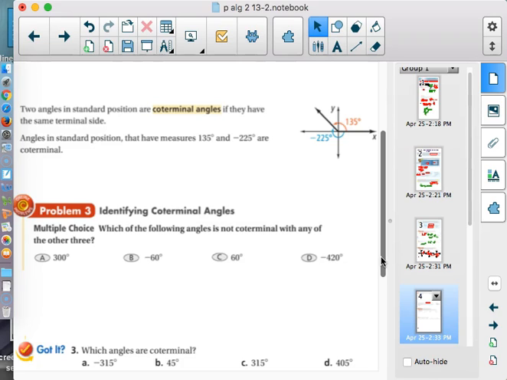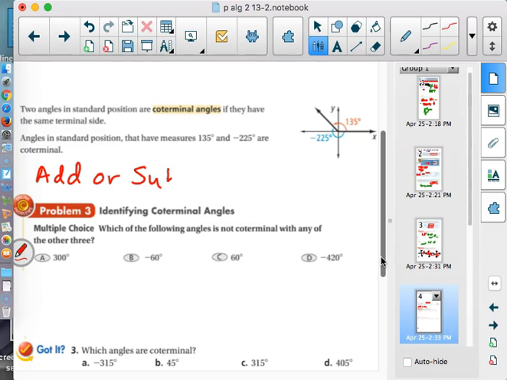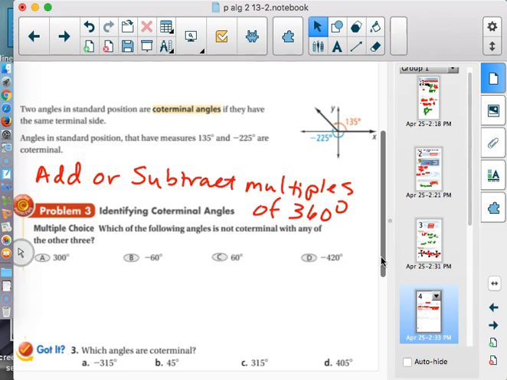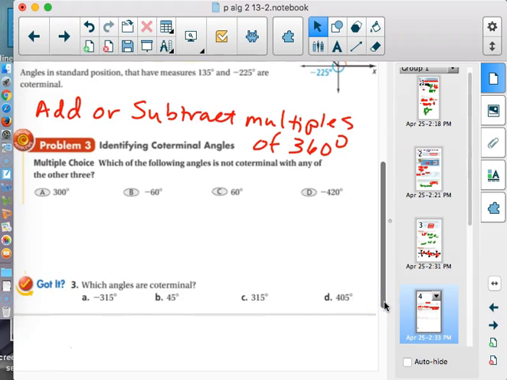And if you want to go all the way around and land in that exact same spot, how many degrees would you need to make that happen? Go all the way around the circle. How many degrees have you gone? 360. So what we have to do is add or subtract multiples of 360.